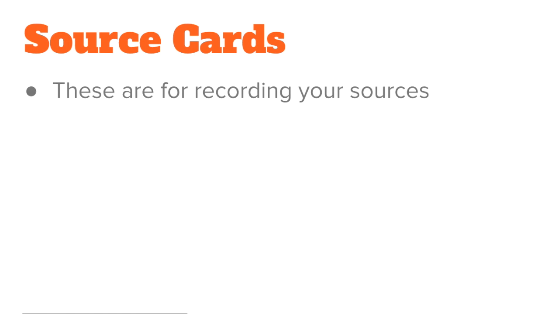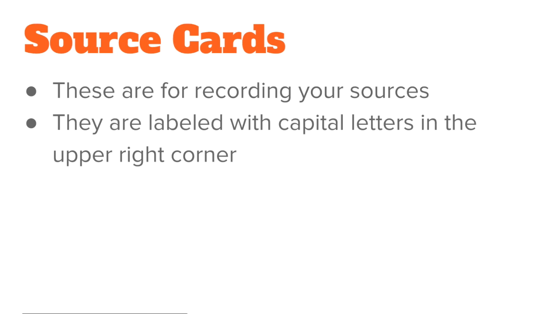Source cards are used to help us organize what information came from which source. If our starting point is going to be our textbook, then we're going to start by getting out one note card. That one note card is going to be labeled with a capital letter in the upper right-hand corner.